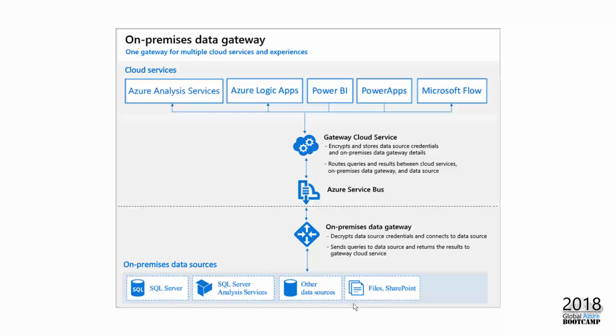And basically we have SQL Server, SQL Analysis Server, File. So this is the interesting one. We now have a way to pick up files and drop files inside of our network. Again, you install the on-premise data gateway on the machine, and then it uses a service bus to create that on-premise data gateway.